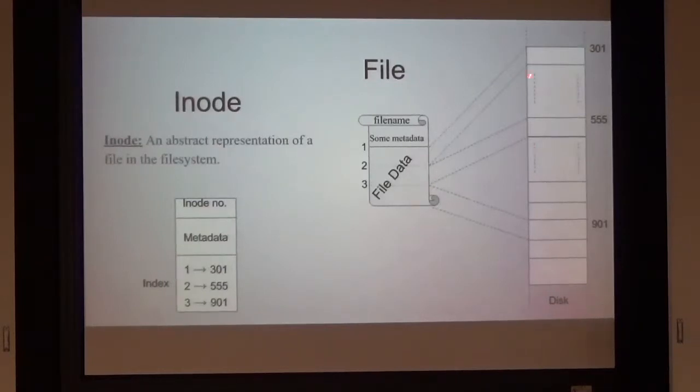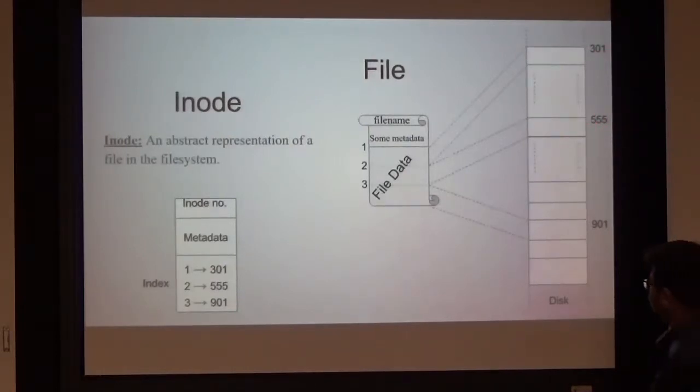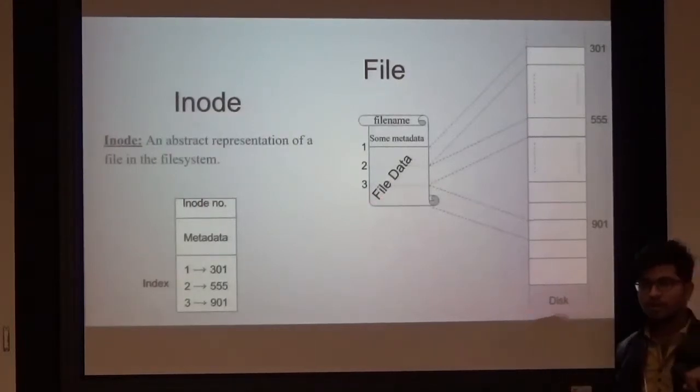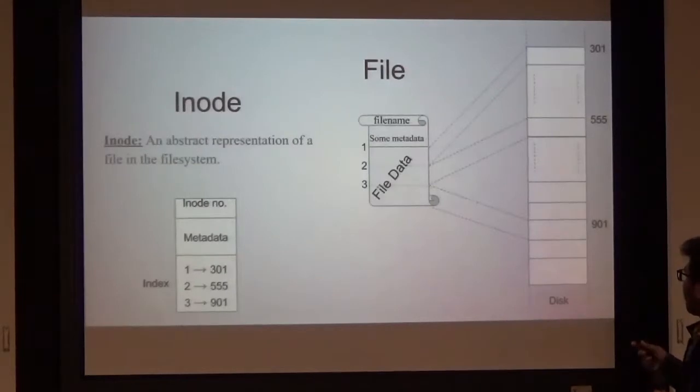Suppose the blocks specific to this file are placed here, here, here, and the first block is at 301 and then 555 and so on. While reading the data, how would the file system know where the file data has been placed in the large disk, and how to read those particular blocks?